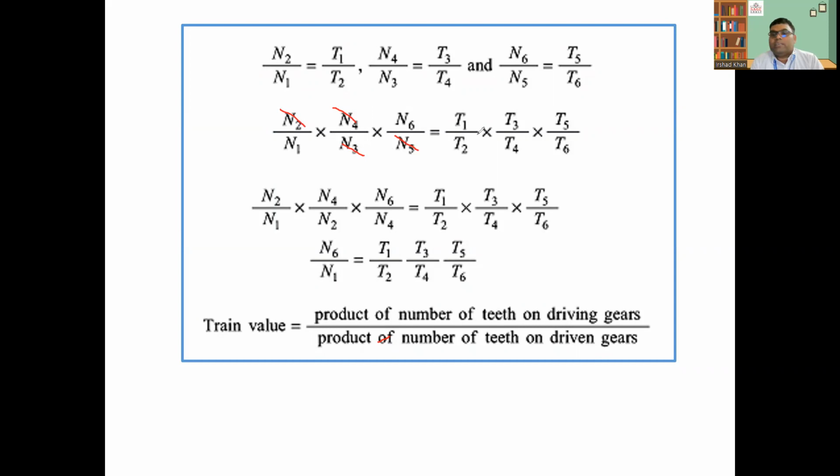So here nothing else is going to be cancelled out, so we can write N6 upon N1 equals T1 upon T2, T3 upon T4, and T5 upon T6. So we can say in short, the product of number of teeth on the driving gear upon the product of number of teeth on the driven gear.